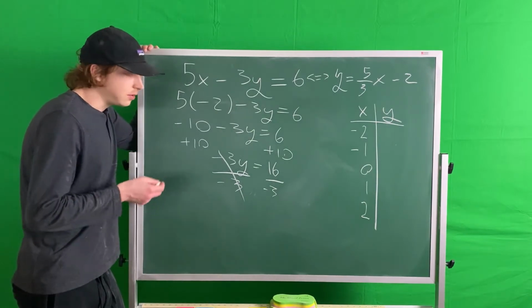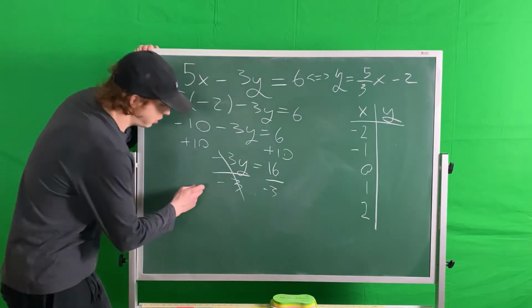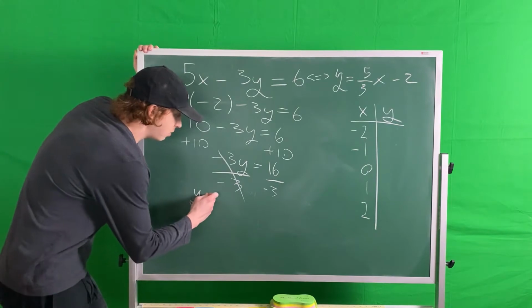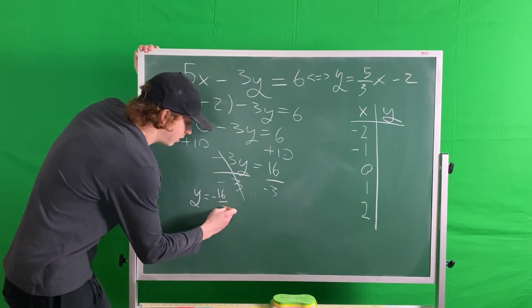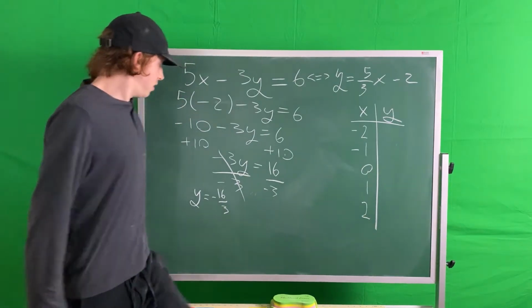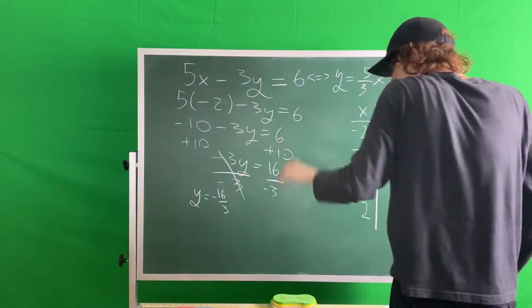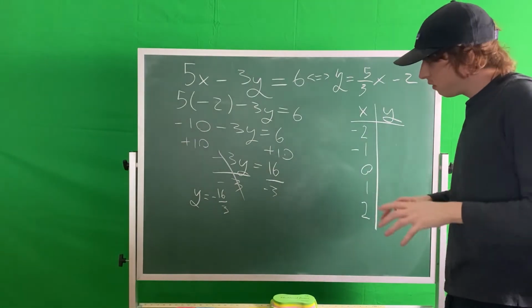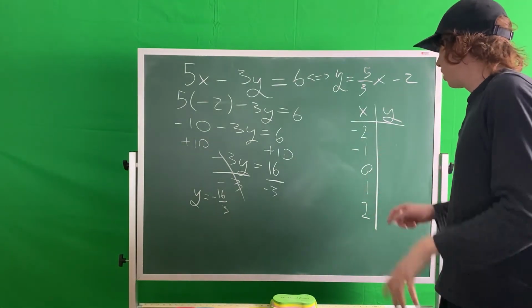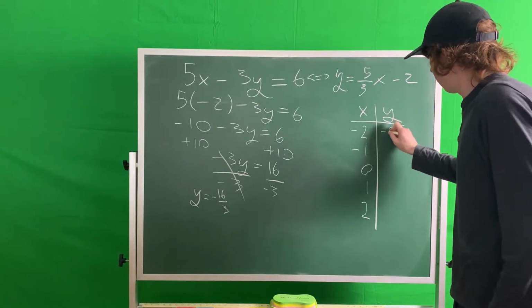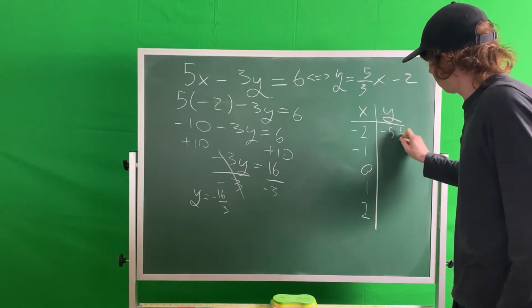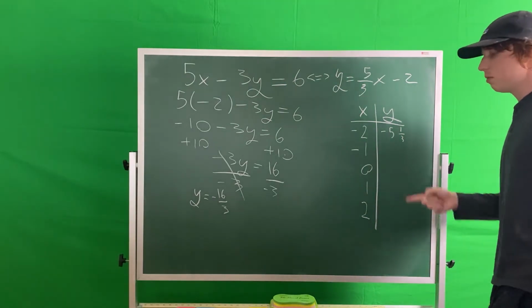We have y is equal to negative 16 thirds, which is about negative 5 1/3. Now we can plug in negative 1.